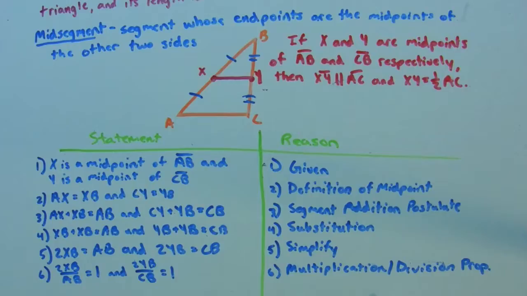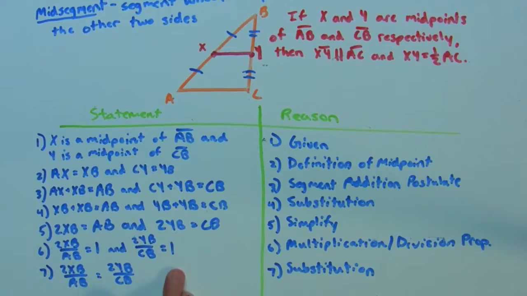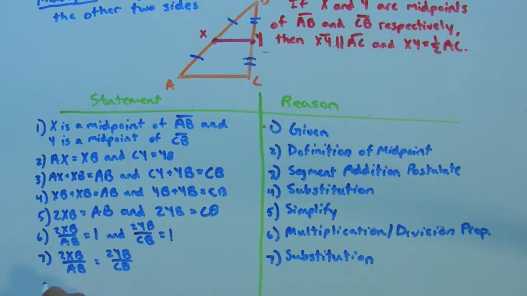And that's by multiplication and division properties. And since both of those equal 1, we can substitute 2YB over CB in for 1 in the first equation to get that 2XB over AB equals 2YB over CB.